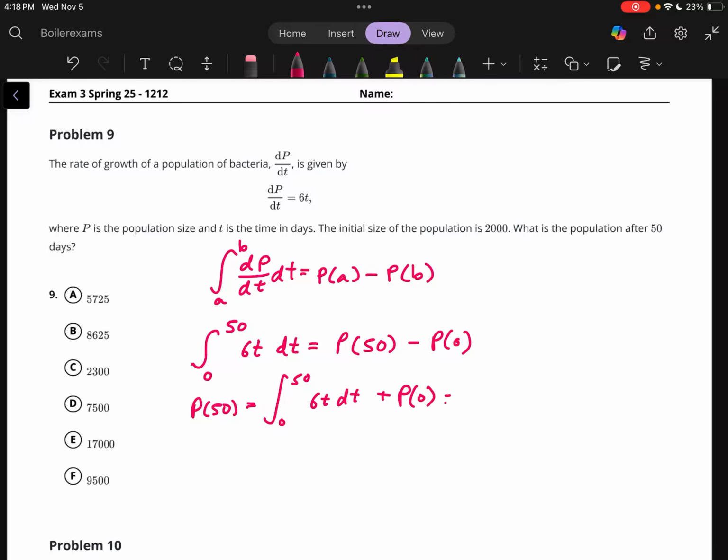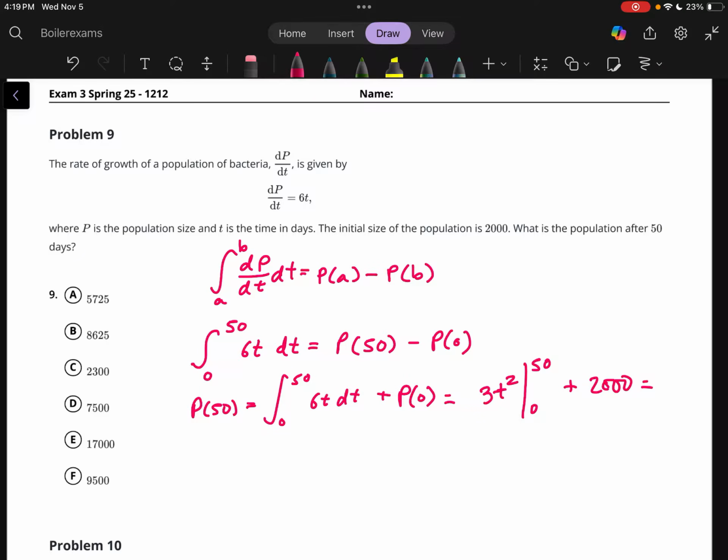Okay, from here it's not too bad. We need to first find the antiderivative of 6t, and to do that, all we need to do is use the reverse power rule. So the antiderivative of 6t is 3t squared, evaluated from 0 to 50, and the initial condition is 2000.